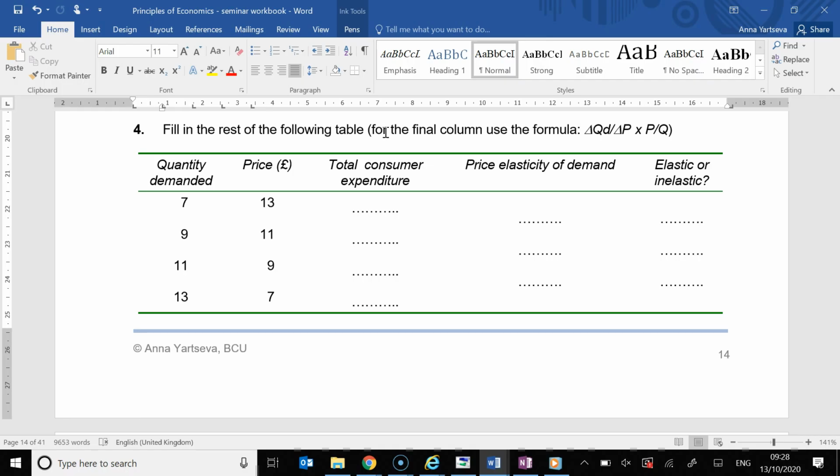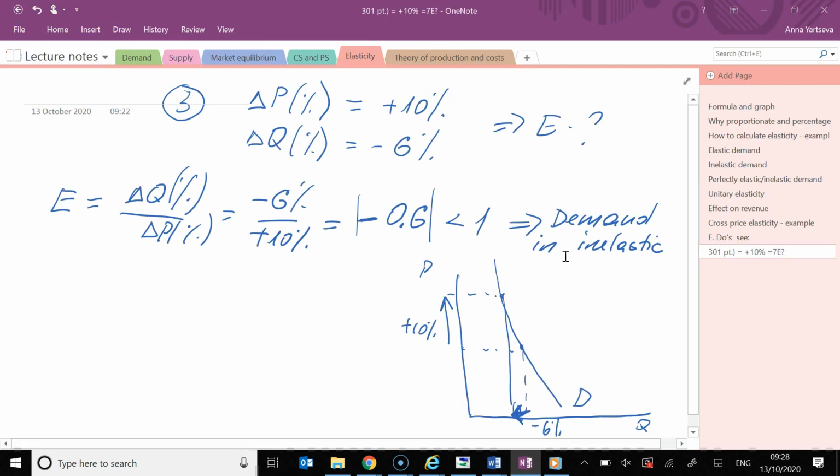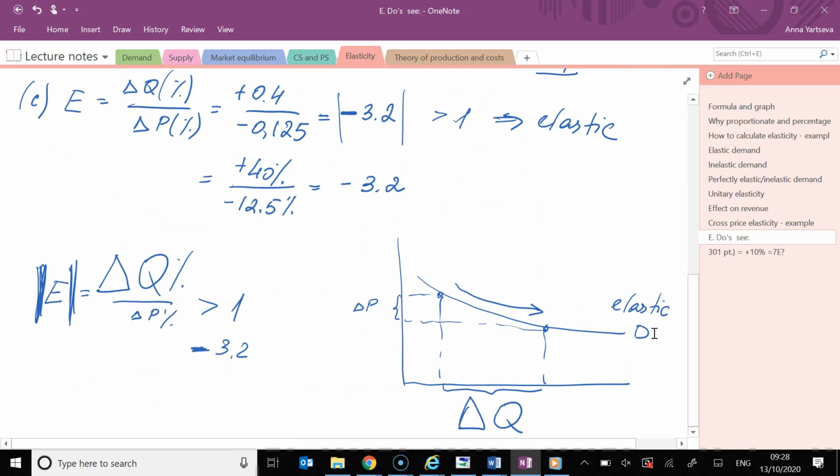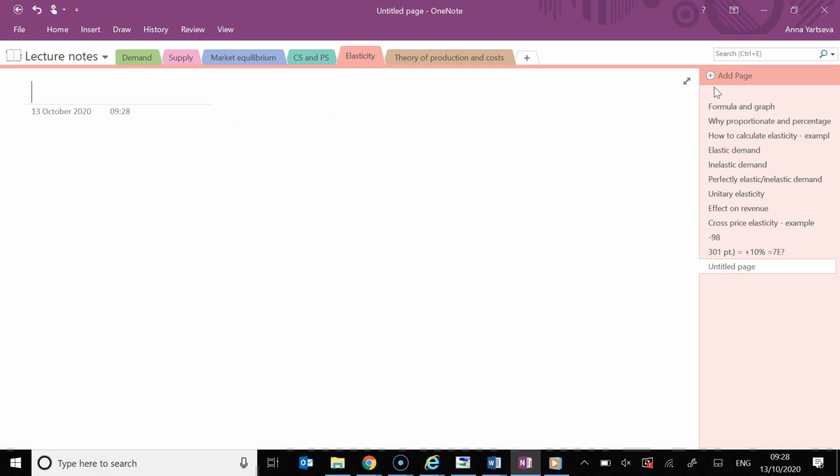The thing is, elasticity changes along the same demand line. I've mentioned previously that, for example, steep demand is inelastic, while flat demand, shown by this graph, is relatively elastic. The problem is, strictly speaking, elasticity varies along the same demand curve.